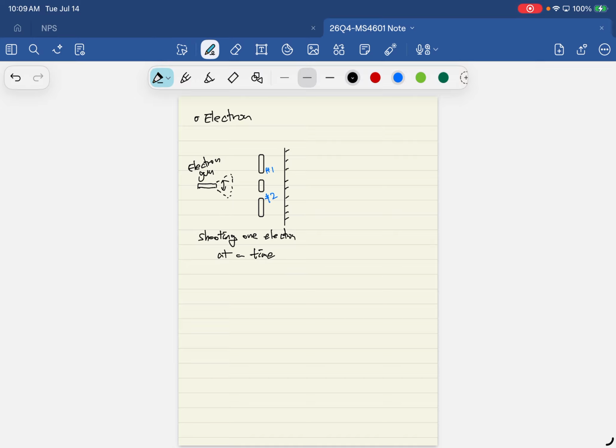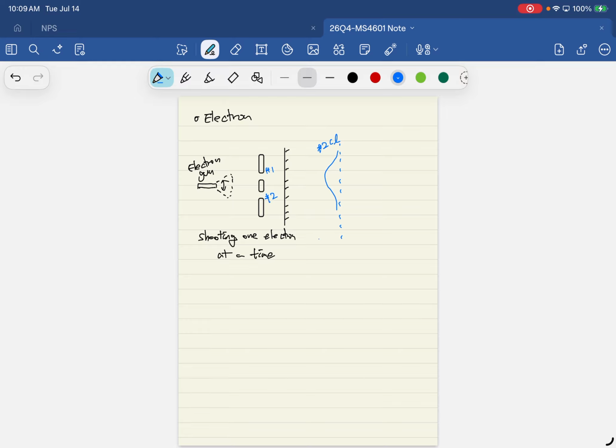Okay, so obviously, now we can easily guess when number 2 hole is closed. This is what we get, because this one doesn't change whether that is particle or wave, right?